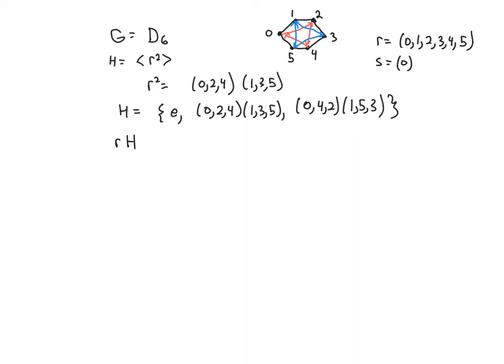One of the reflections. It's going to send 0 to itself. It's going to swap 1 with 5, 2 with 4, and it's going to fix 3. Why do I know this? Because remember, the way I think of these things is that it sends i to n minus i mod n.